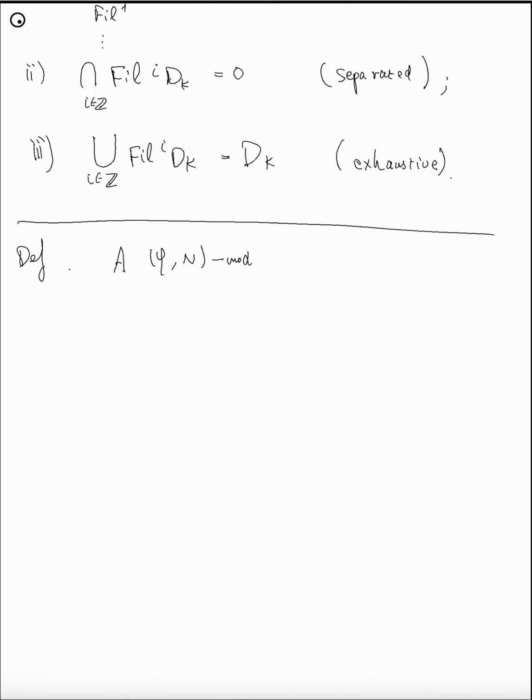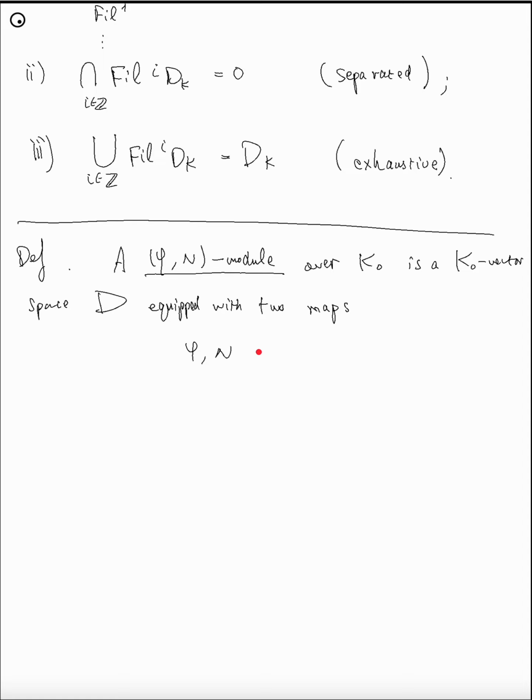So a phi-n module over K0, defined similarly as above, is a K0 vector space, let's denote it by D, and then equipped with, of course, two operators. So two maps phi and n, first map phi, second map n, both defined from D to itself with the following properties.